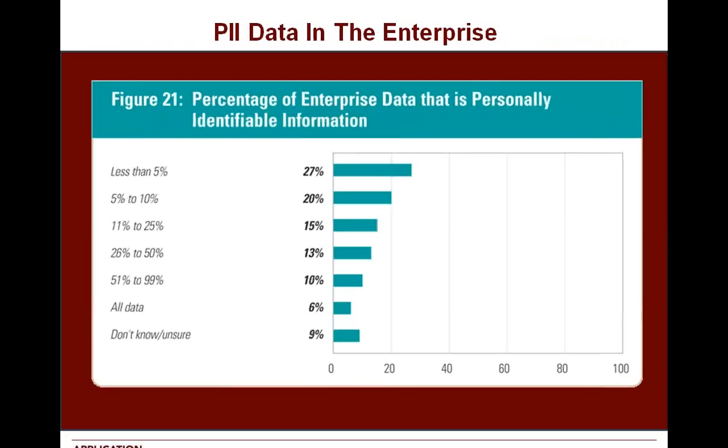That would be Social Security numbers, credit card, national identifier numbers, health information. And when I say 29%, I'm referring to more than a quarter. If you look at the 26 to 50%, 51% to 99% and all data categories, that adds up to 29%. And that's a significant part of the data that's residing in enterprises.